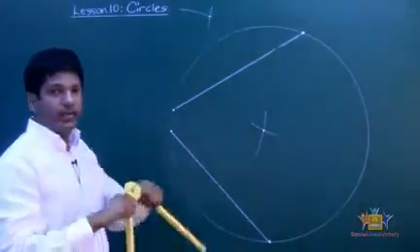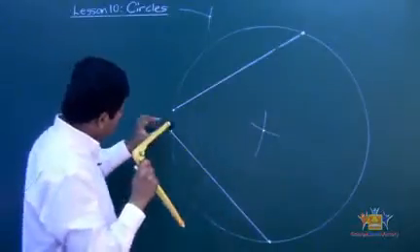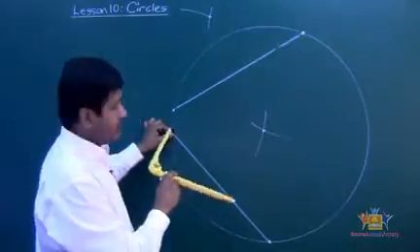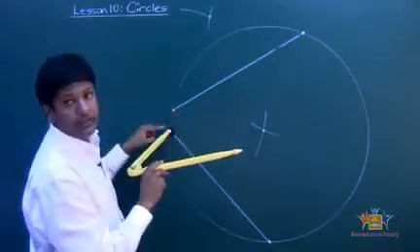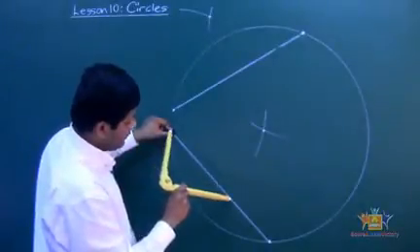Then I'm going to take the same compasses and put the sharp point right there. Now, for the second chord, the length doesn't have to be the same, so you can just change it, as long as the center is right there. Just make it longer.